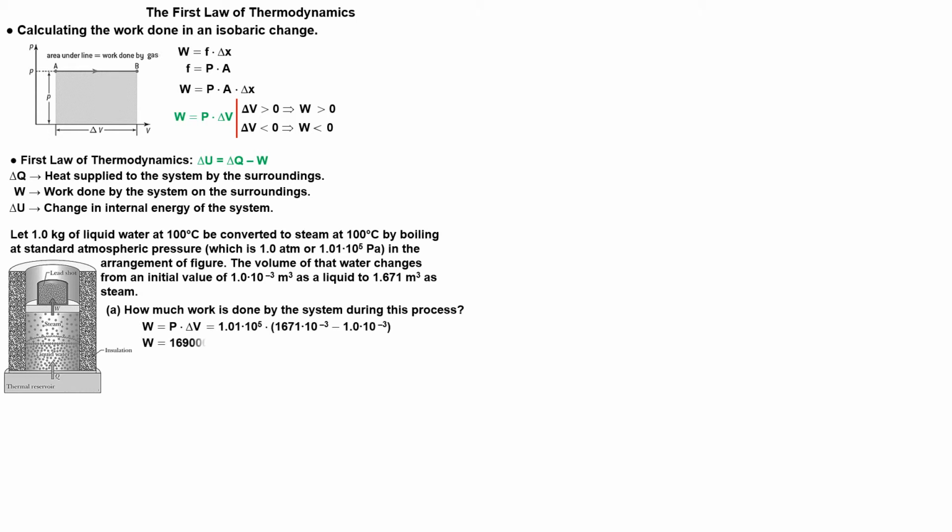How much energy is transferred as heat during the process? Because the heat causes only a phase change and not a change in temperature, we use the latent heat formula. Because the change is from liquid to gaseous phase, L is the heat of vaporization.